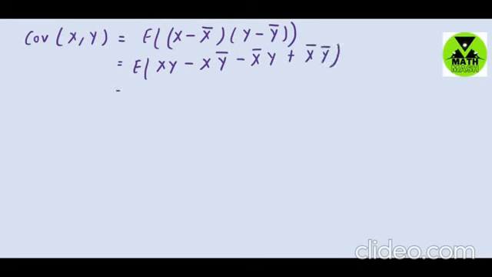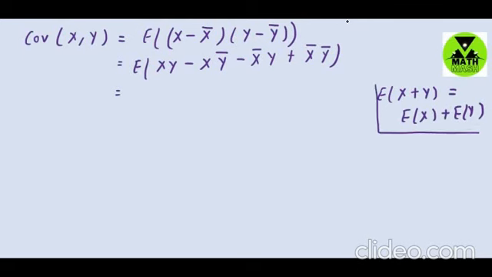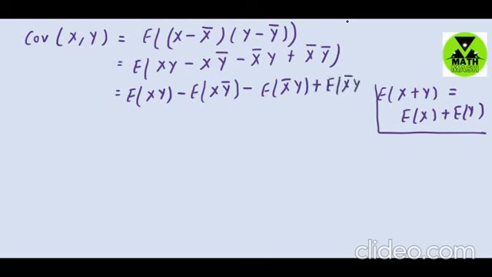The first property that we are going to use here is the first expected value property: expected value of x plus y is the same as expected value of x plus expected value of y. So using this property, this becomes expected value of xy minus expected value of x y bar minus expected value of x bar y plus expected value of x bar y bar.